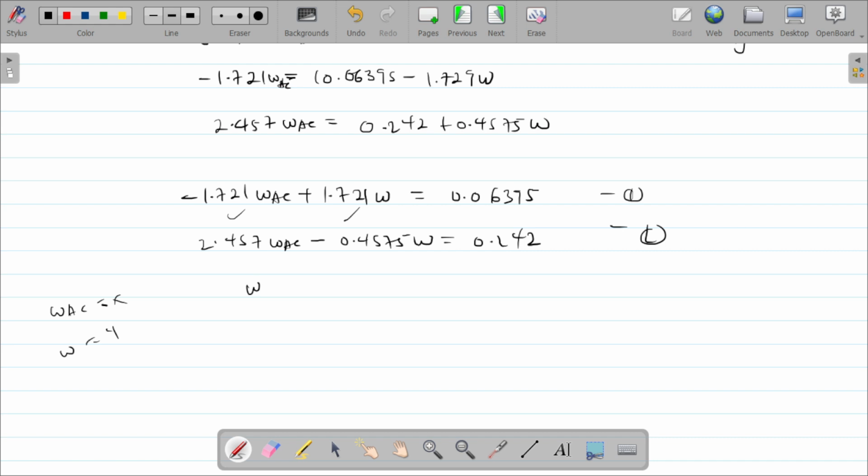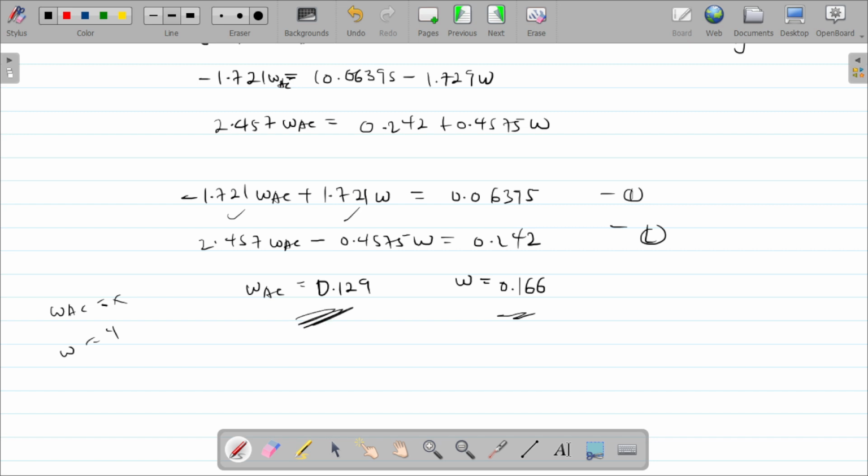So I'm getting omega AC to be 0.129 and omega BC to be 0.166. Yeah, 166. So yes, it should be getting something around this area.